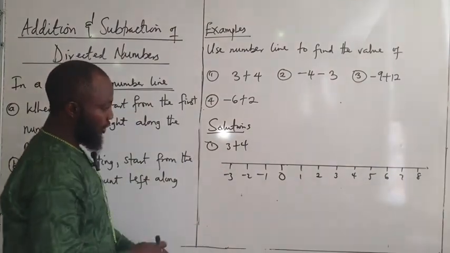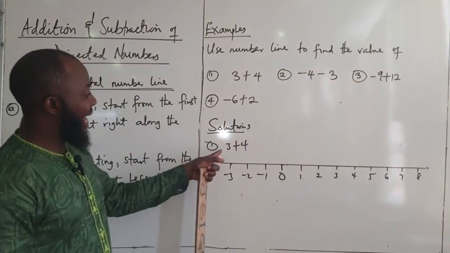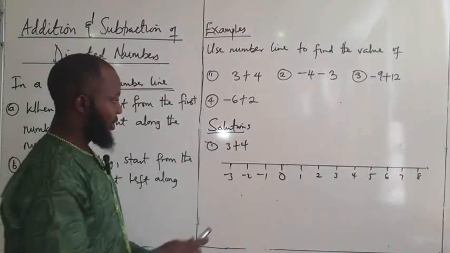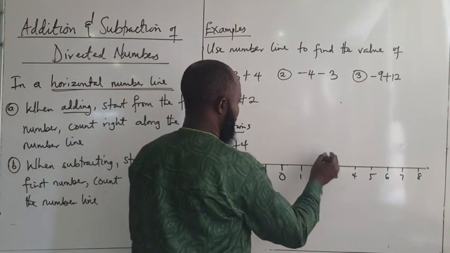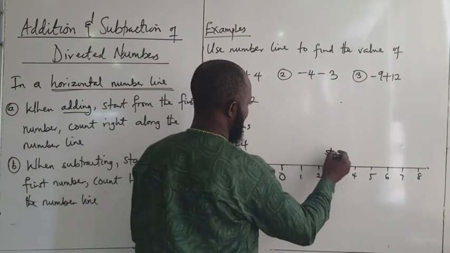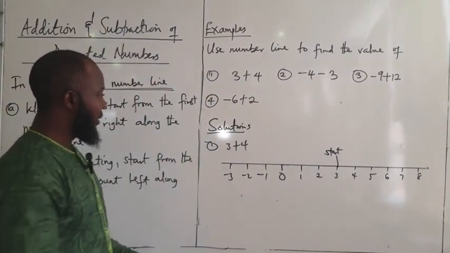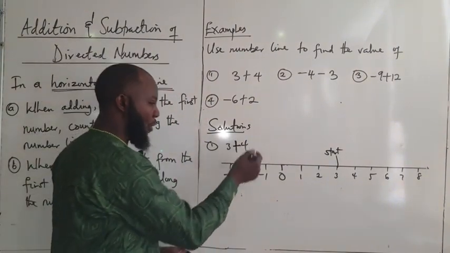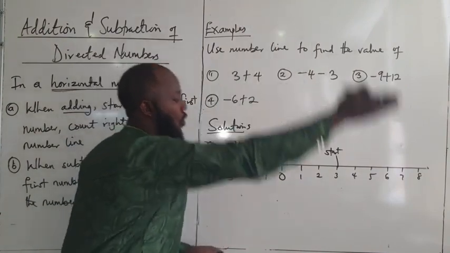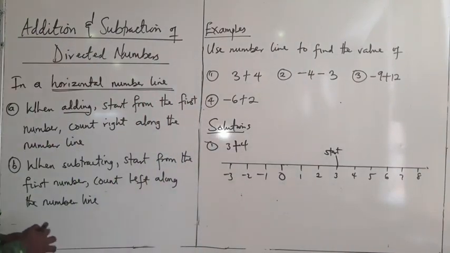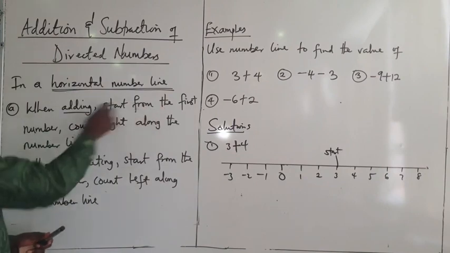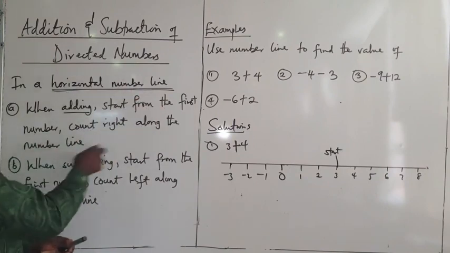Now, what is the first number here? 3. So we go to 3, which means we are starting on 3. Let me write start so that I don't make a mistake. We start on 3, then plus 4. That is, we are going to count 4 to the right. When adding, start from the first number and count right along the number line.